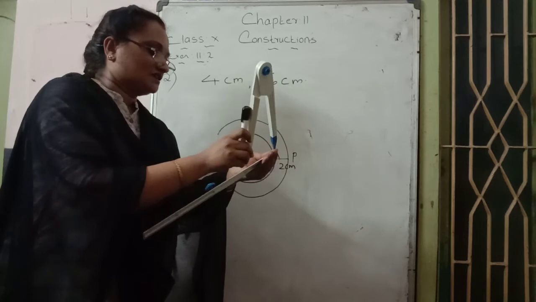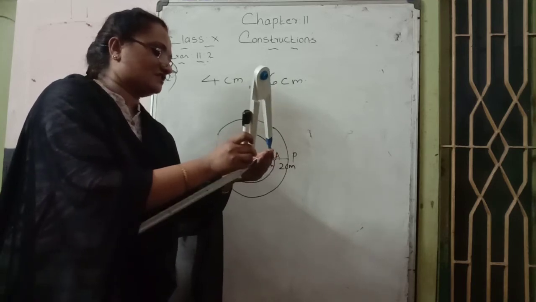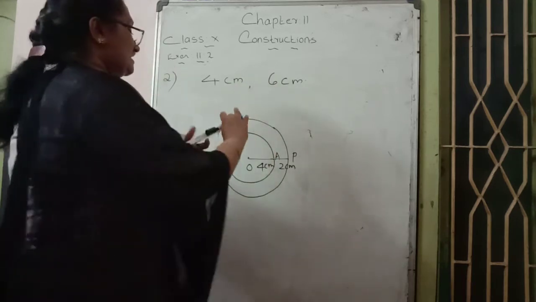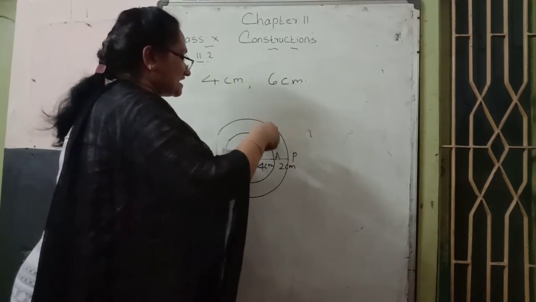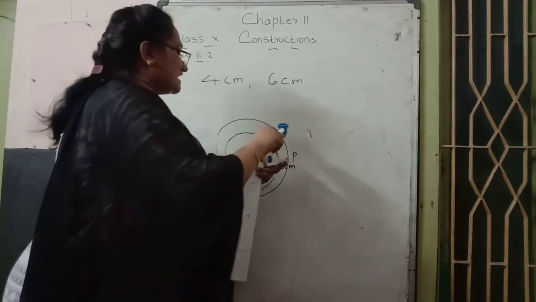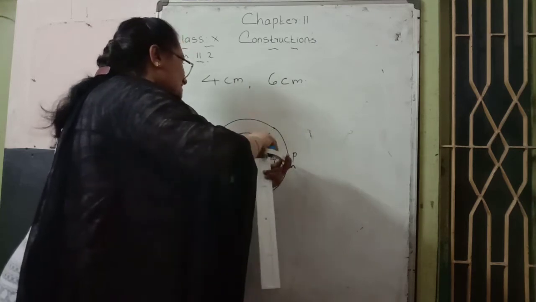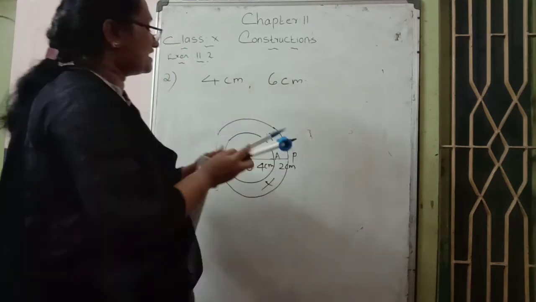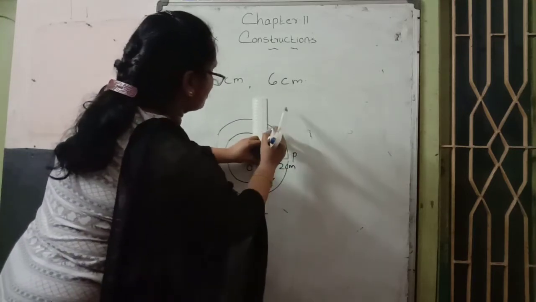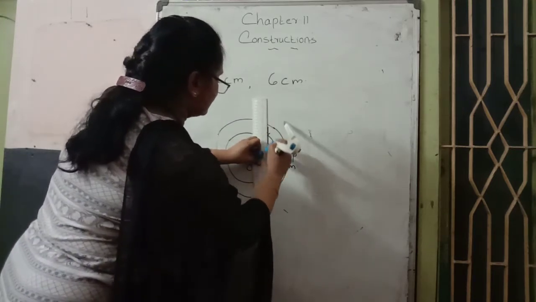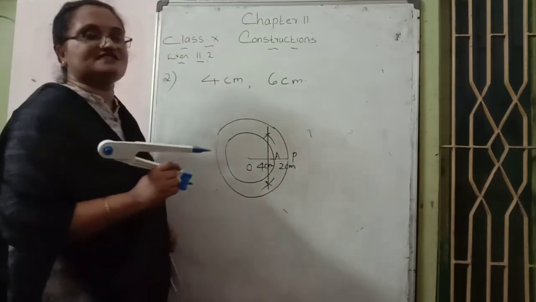Then with O as center, draw arcs up and down. In the same way, with P as center, draw opposite arcs up and down. Both arcs intersect; join them with a straight line. This is the perpendicular bisector.